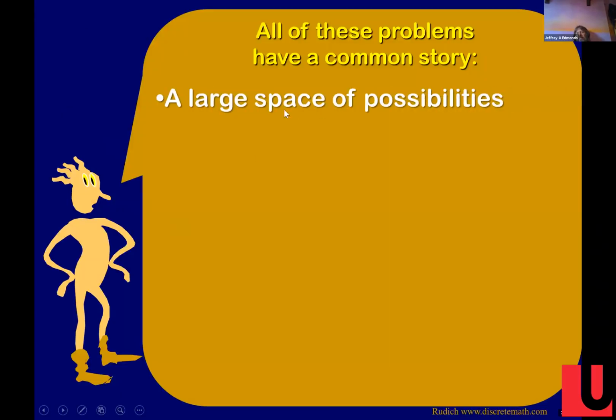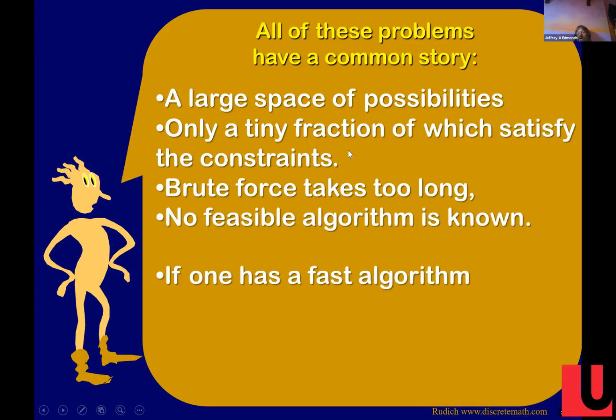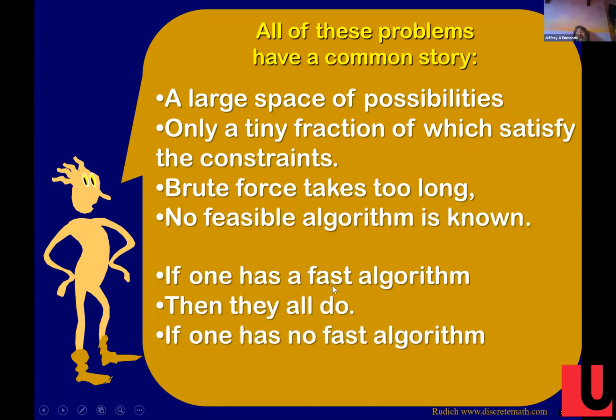In all of these problems, there's a large search space, and only a tiny fraction of that search space will work, and brute force to try them all takes too long, and we have no feasible algorithm for it. No polytime algorithm is known. But if we had a polytime algorithm for one, then we could solve all of these in polytime.